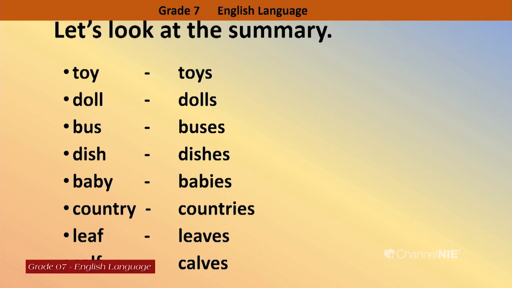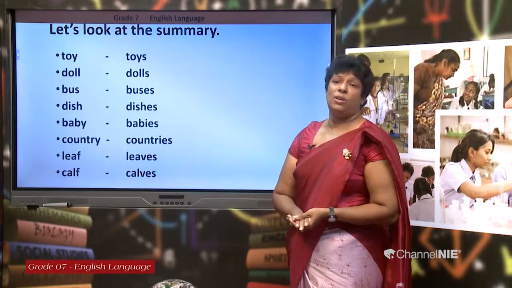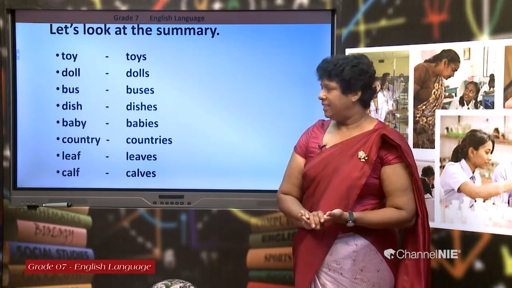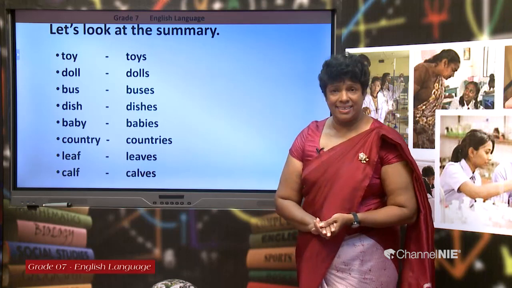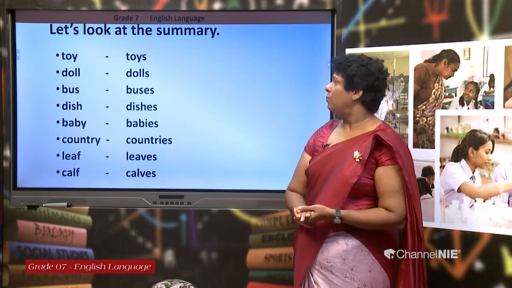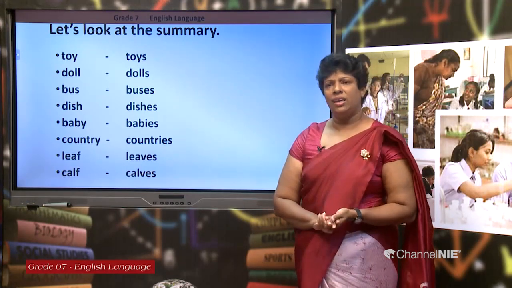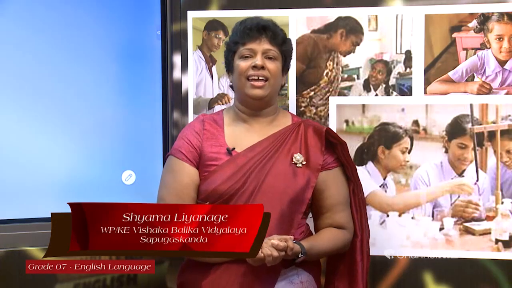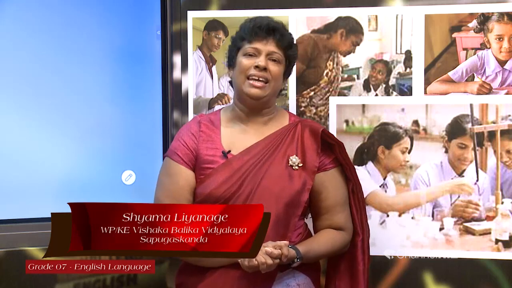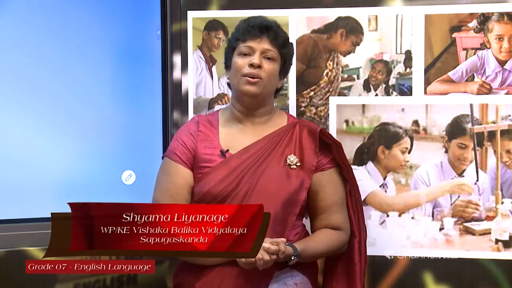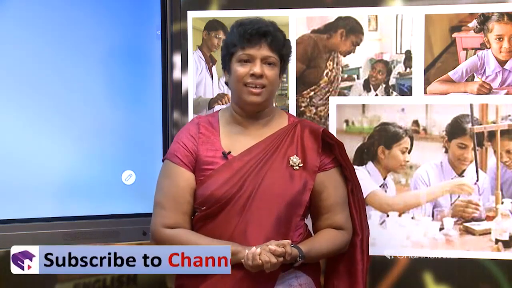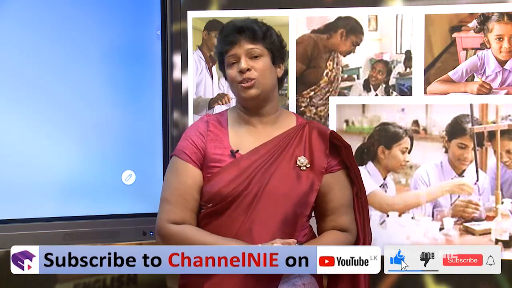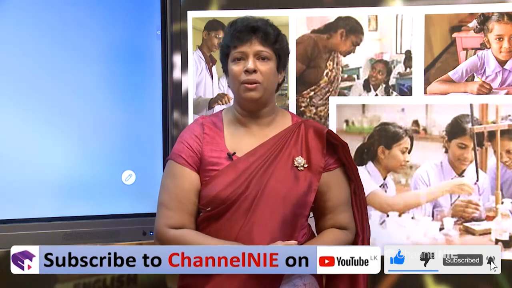And remember the spelling changes we made also, and that is our lesson. I hope you have got everything into your mind, forming plurals, and therefore don't make any mistake when you write those words again. It is very important to pay attention to correct word formation.